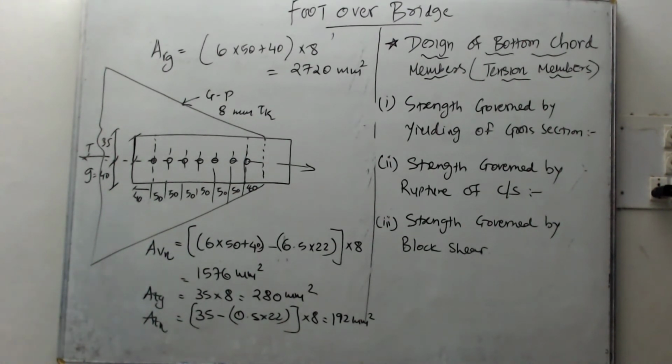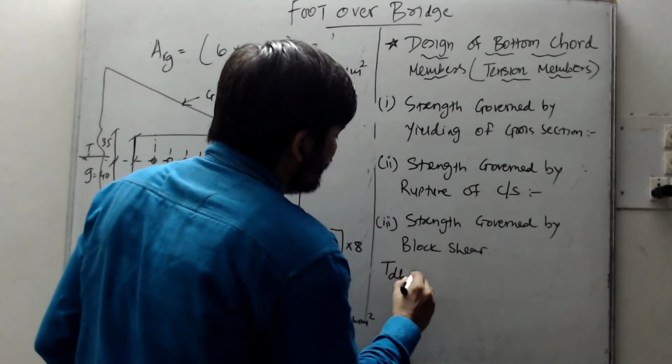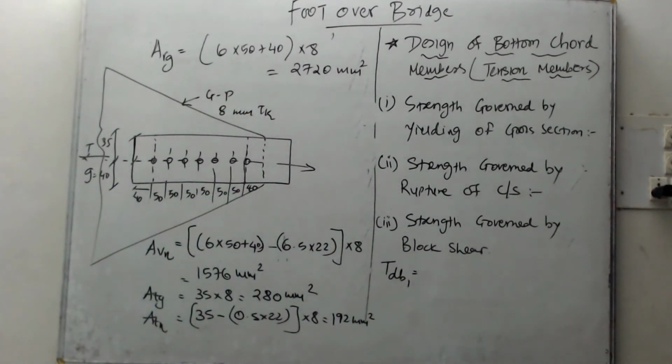Right, so let us calculate quickly the value of TdB1. The formula for this is given in IS code.